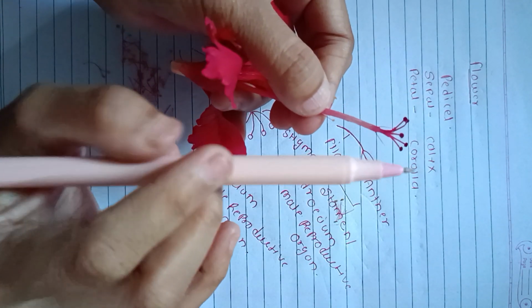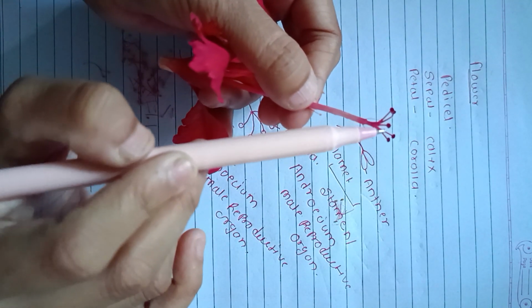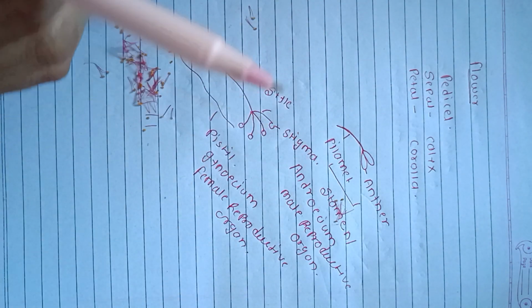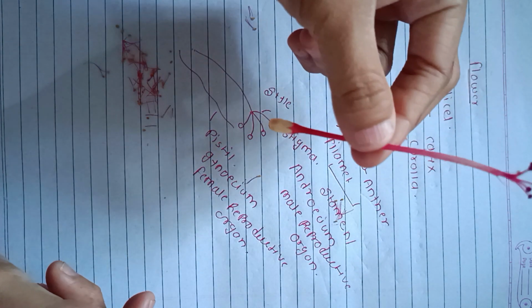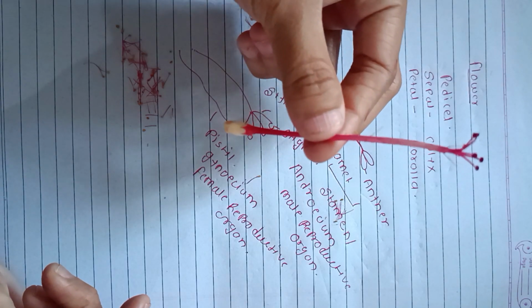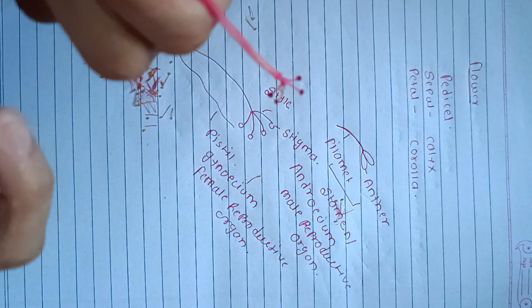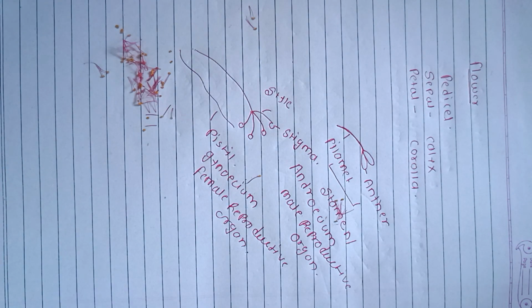You can see the stigma, and this is the style. This dense structure is the stigma, and this stalk is known as the style. Now I will show you the ovary. You can see the pistil. This is the female reproductive organ, and at the base of this structure the ovary is present.